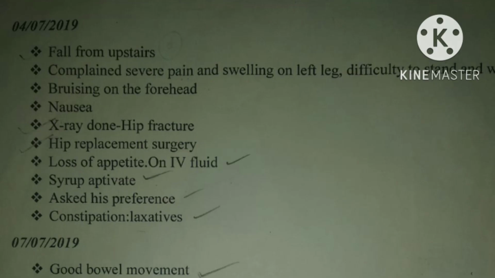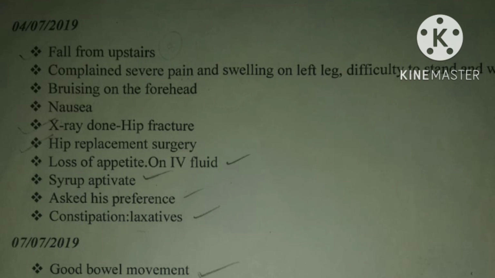What happened now? On 4th July 2019, Miss Elizabeth was hospitalized following a fall. She underwent the surgery successfully and was treated conservatively. Otherwise, we can just mention that she had a hip fracture following this fall and she underwent hip replacement surgery successfully and was treated conservatively, because we are writing to the psychiatrist.